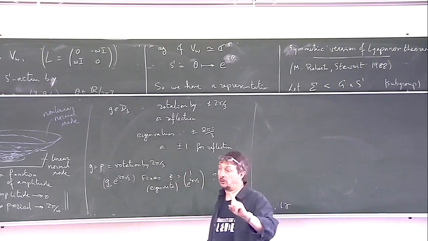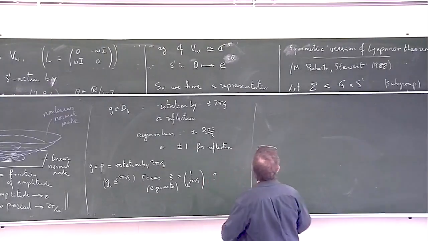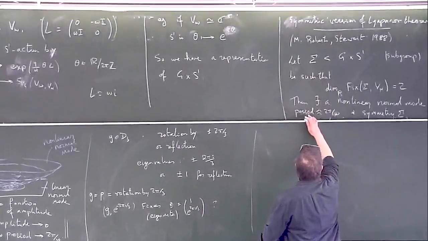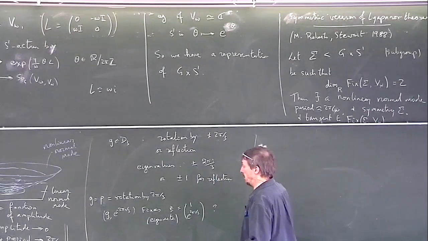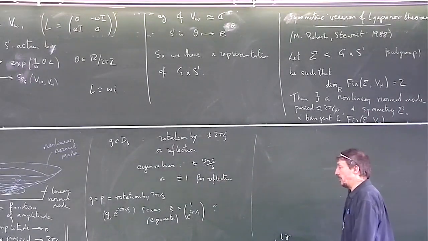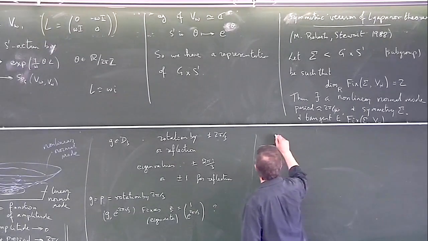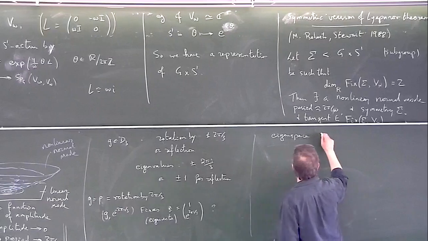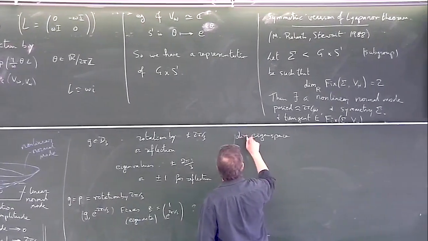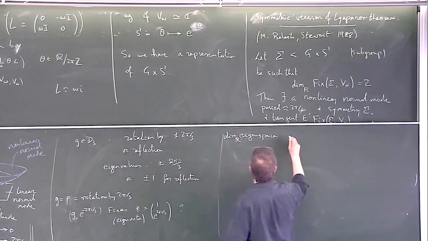It's a one-dimensional complex eigenspace, or two-dimensional real eigenspace. We want the fixed point space to be two-dimensional, so that's exactly what this theorem is helping us with. So the real dimension of the eigenspace is 2.